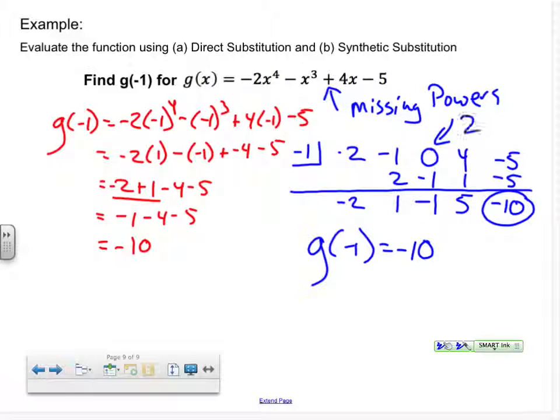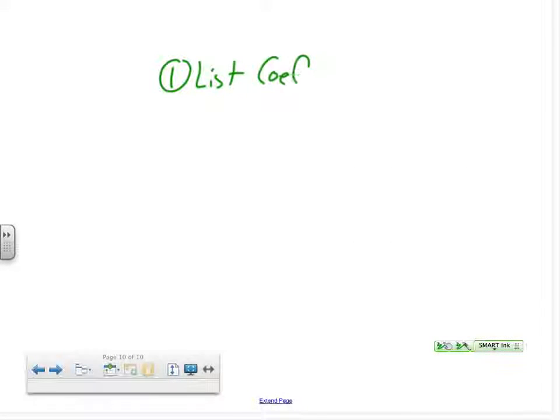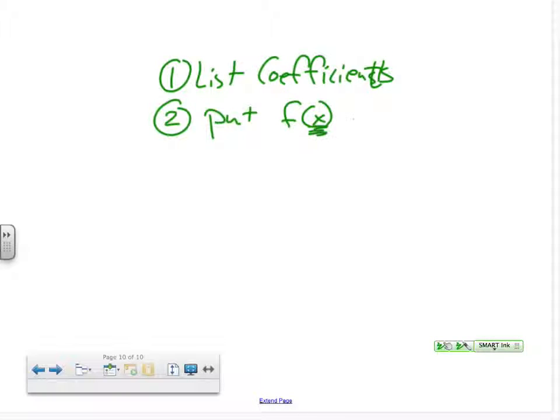as zeros. Okay? So in review, synthetic substitution, list your coefficients. Put whatever number is here in the box.